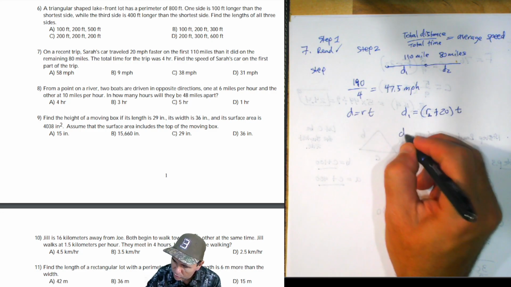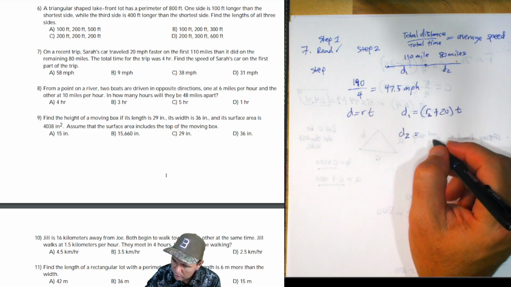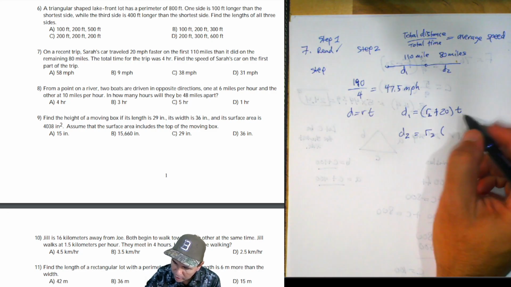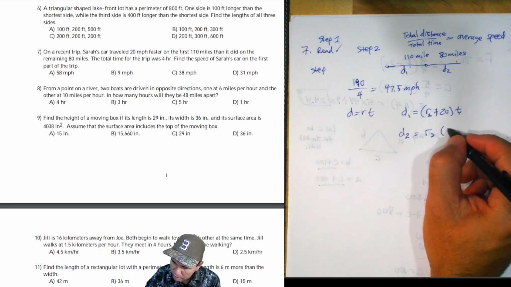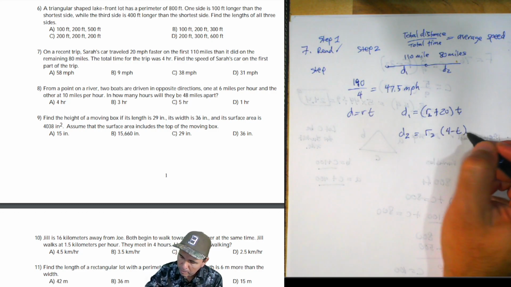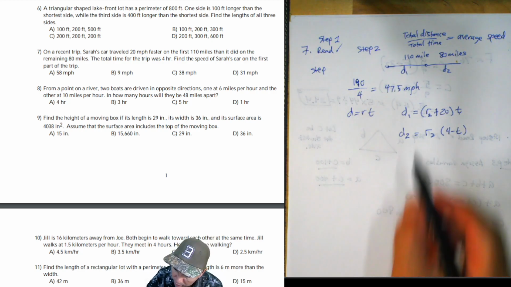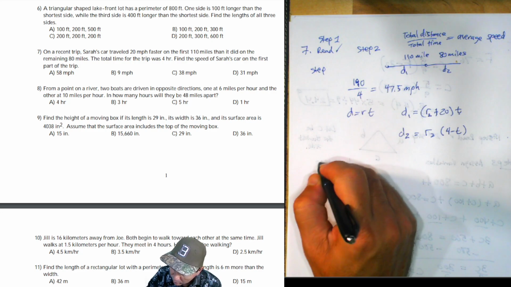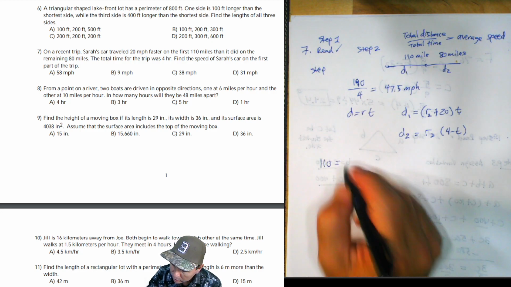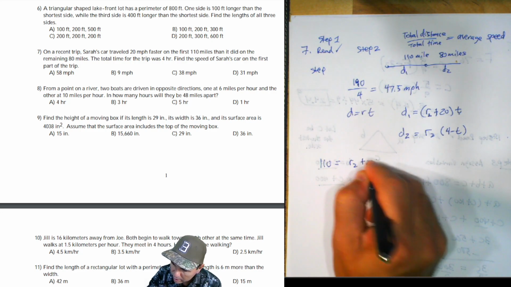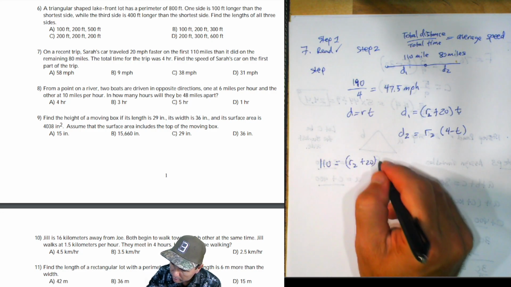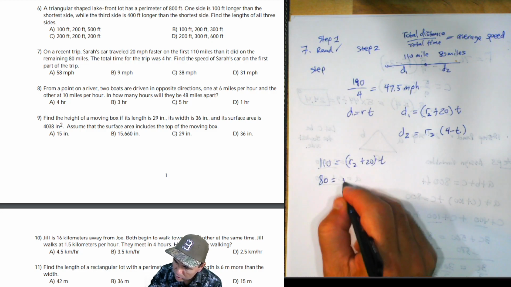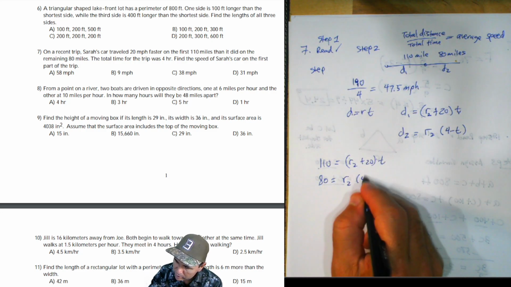Now distance 2 is equal to just the second rate, but if I travel t time, then this is 4 minus t. Okay, so now we're going to substitute the values. I know d1 is 110, so we got 110 is equal to r2 plus 20 times t, and we know d2 is 80, so that's going to equal r2 times 4 minus t.